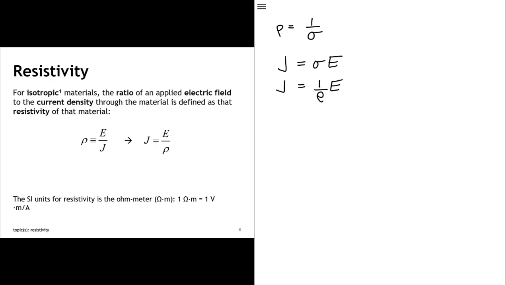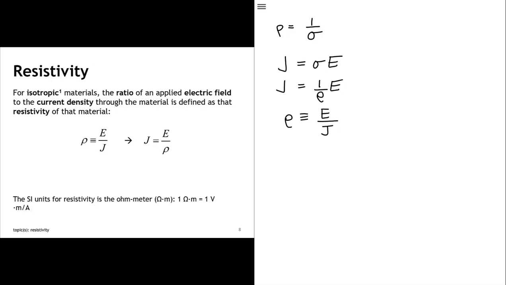So we could say that current density is directly proportional to the electric field and inversely proportional to the resistivity of the material. Rearranging this, we have an equivalent definition: the resistivity is equal to the ratio of the electric field per current density.